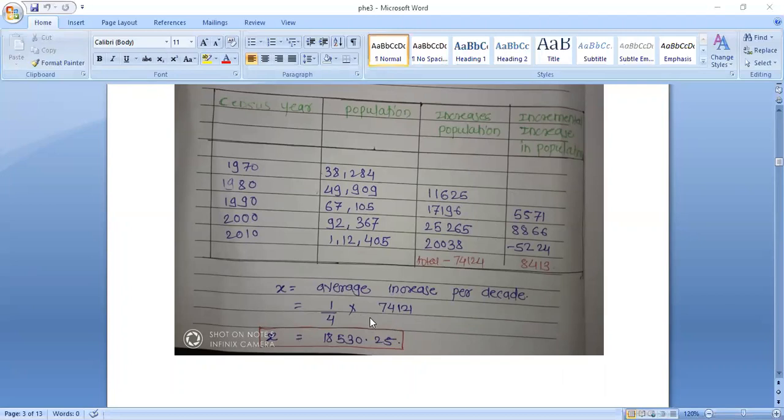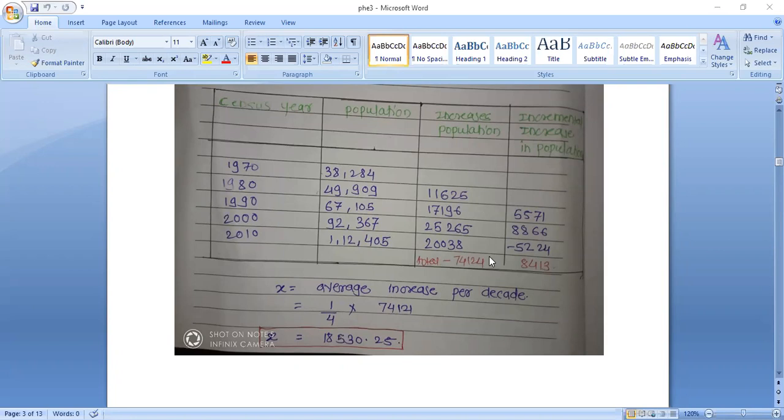80,530.25. Hope you all get this average increase per decade, or how to find out average increase per decade. It is the increase per decade. Average means we have the total value of increase.